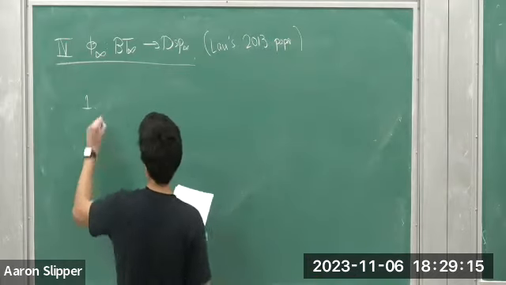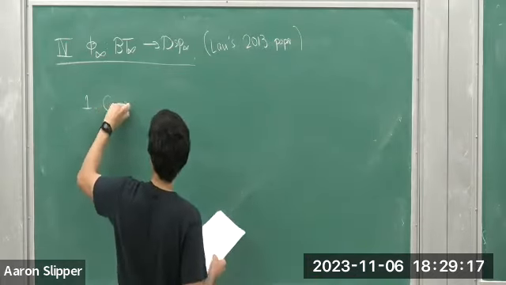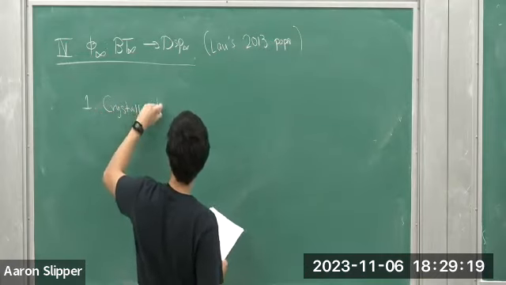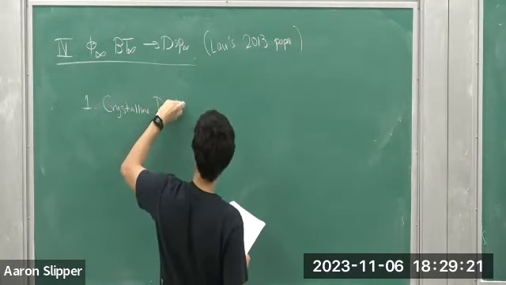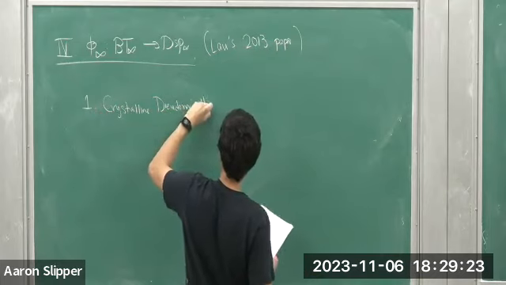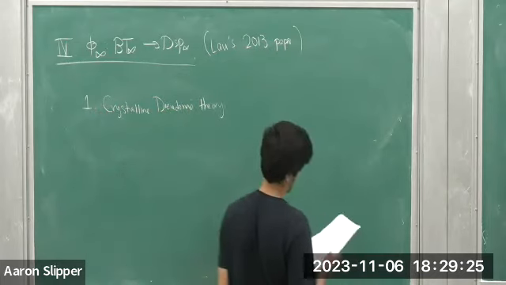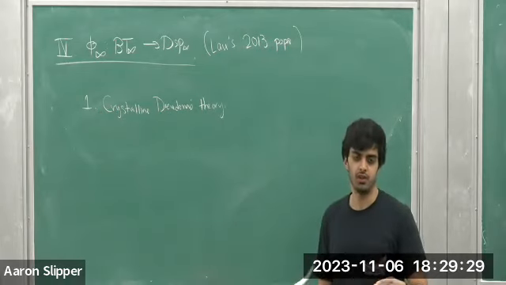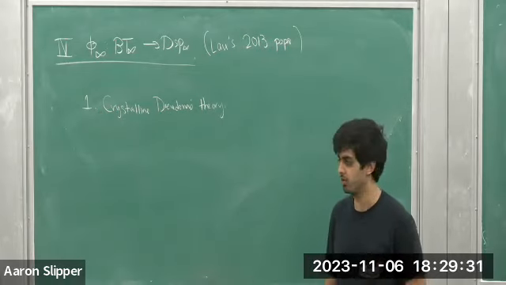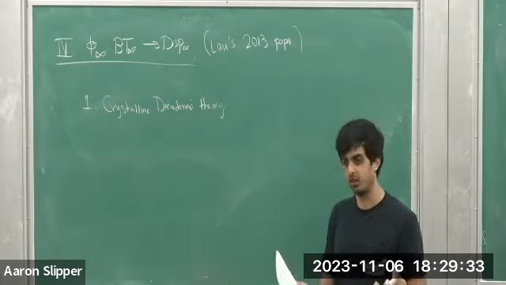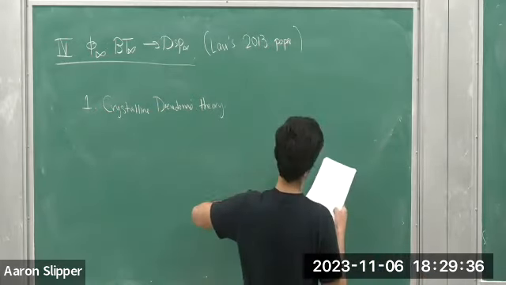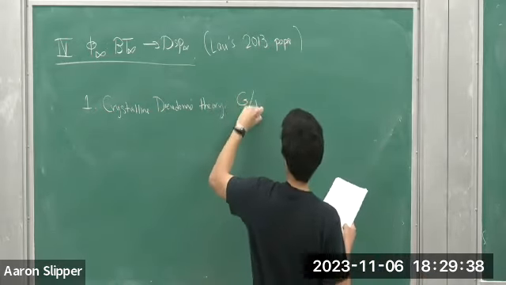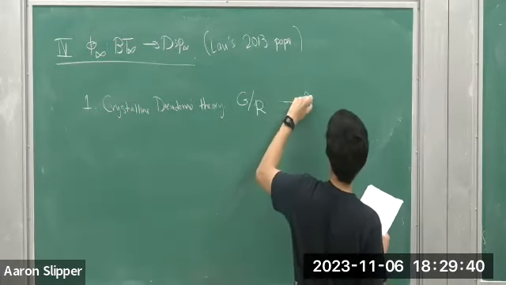So first, crystalline Dieudonné theory. Go from a p-divisible group to something called a filtered FP module, which is just a Dieudonné module with a distinguished submodule.